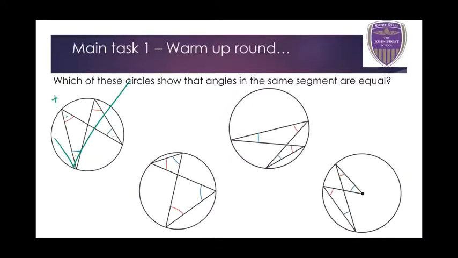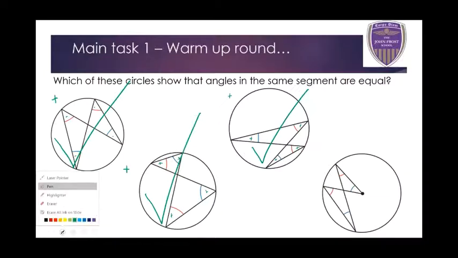If we have a look at the second one, just down and to the right, again I can see the circle is being touched at 4 points, and it's saying that this red angle is equal to this red angle, and this blue angle is equal to this blue angle. I'm happy with that. That looks good to me. The third one over here, again, touching the circle at 4 points. Blue's matching blue, they're the same segment, and red is matching red, they're the same segment. I'm happy for this one.